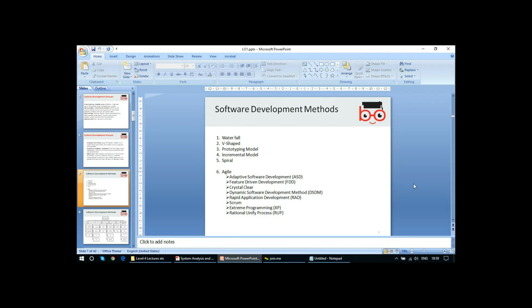Then, due to a variety of ideas, different people have different methods. They have been proposing lots of system development methods or software development methods. Make sense? Everyone says do it this way, somebody says do it that way.